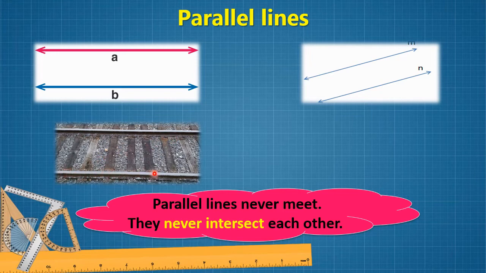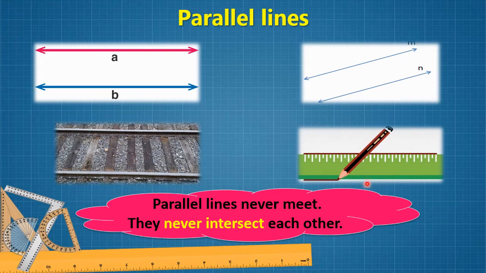As you can see, the rails of a railway track never meet each other and also the distance between them is constant throughout. Let us see one more example here.